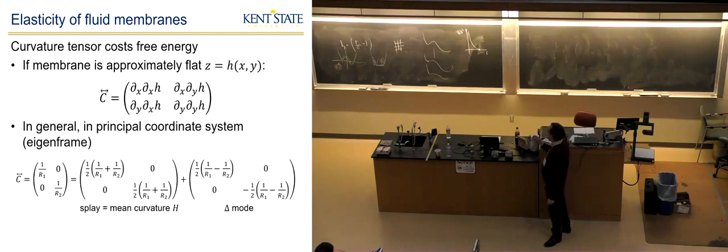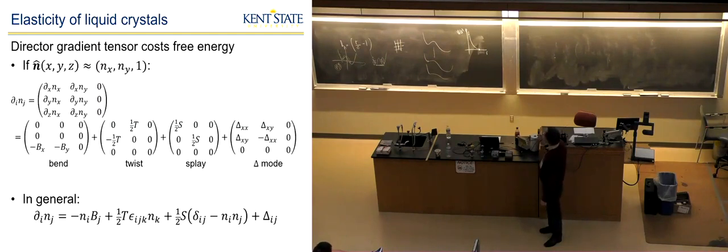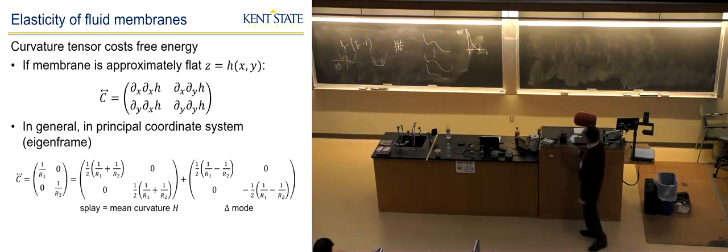So there's a piece proportional to the sum, and there's a piece proportional to the difference. This difference piece is equivalent to the delta mode that I was talking about here, because in the diagonal frame, that's just something here and then a negative something there. So far, so good?